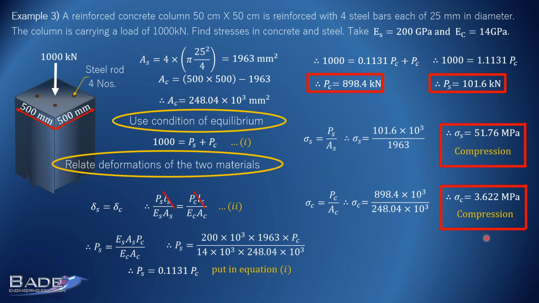So knowing safe stress, find the cross-sectional area to carry a particular load. Before that member comes into reality, you take certain decisions: what must be the cross-sectional area? Such problems are called design problems. So three types of problems. Let's proceed.